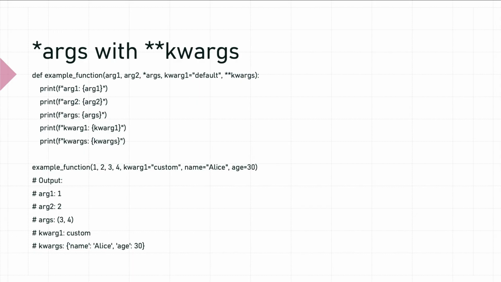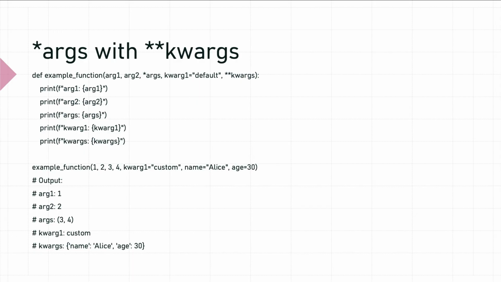Now in the function call, I have arguments with values 1, 2, 3, 4. I also have kwarg1, which is set equal to custom. I have name, which is set equal to Alice, and age, which is set equal to 30. So this means that arguments 1 and 2 will go to the parameters arg1 and arg2. Then arguments 3 and 4 will be used by *args.